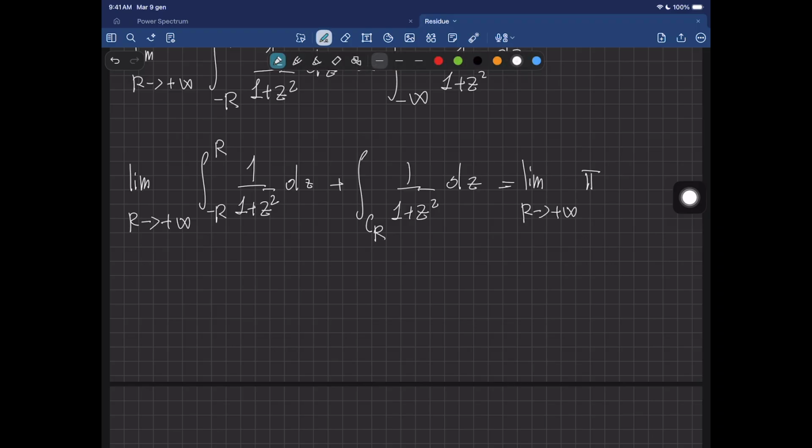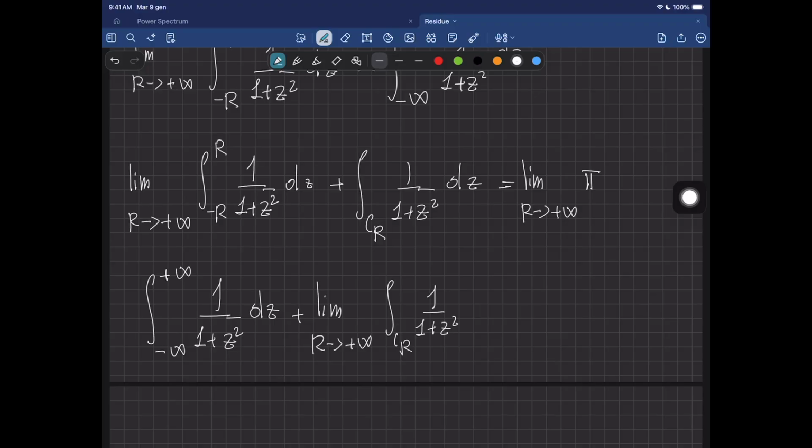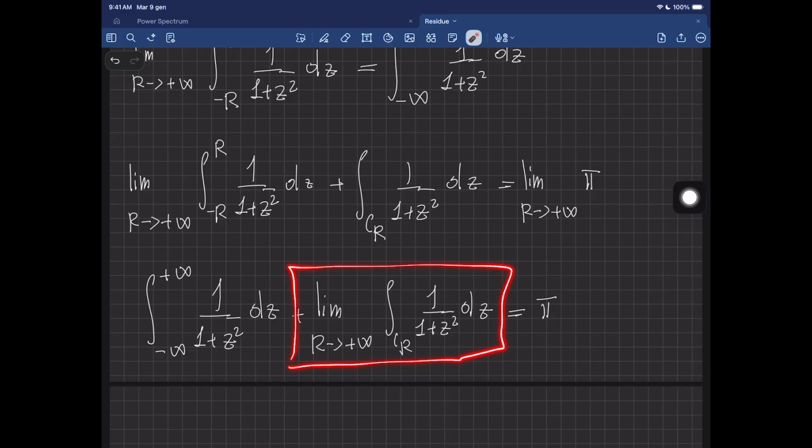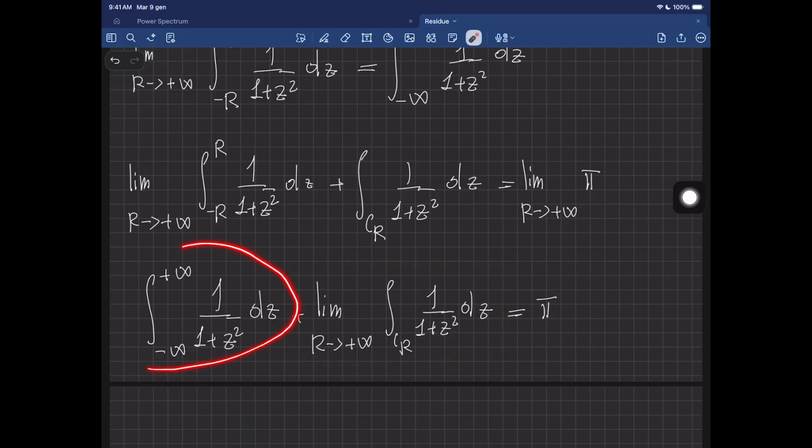So this reads as the integral between negative infinity and plus infinity of 1 over 1 plus z squared dz, plus the limit as R goes to plus infinity of the integral over C_R of 1 over 1 plus z squared dz, equal to pi. So now if we are able to compute this limit, we can relate the integral that we want to compute to something known. So we will compute the integral basically.